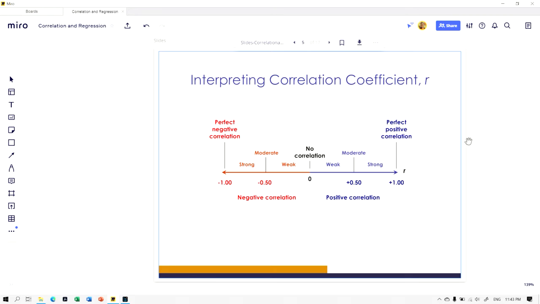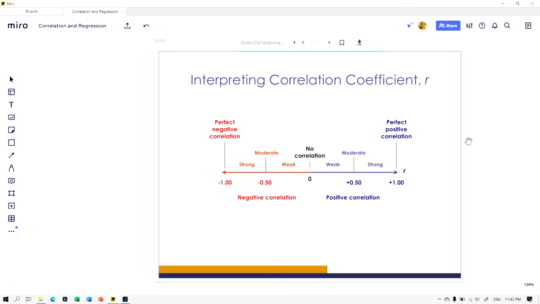This scale shows how we interpret the value of R. As I've mentioned before, R can either be a positive or a negative number. Positive numbers mean positive correlation or direct relationship, as opposed to a negative correlation which denotes an inverse relationship. The value of the Pearson correlation coefficient, or the magnitude, denotes the strength of the relationship.